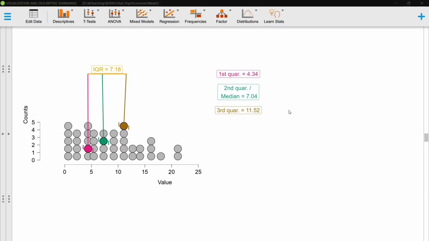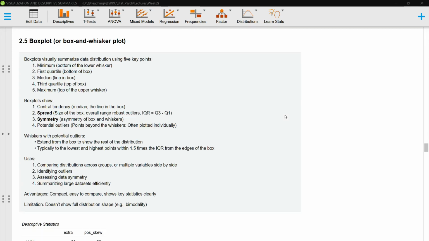So let's look at the box plot and see what happens. The box plot, or the box and whisker plot, is a kind of visual summarization of data distribution using 5 key points. As I said before: the minimum, first quartile, median, third quartile, and the maximum.